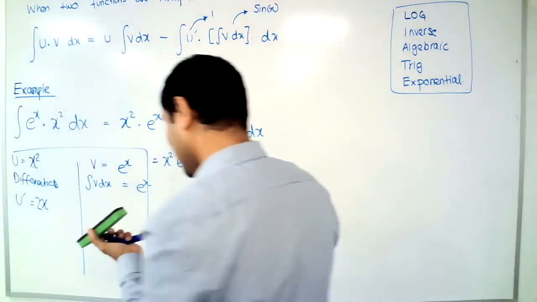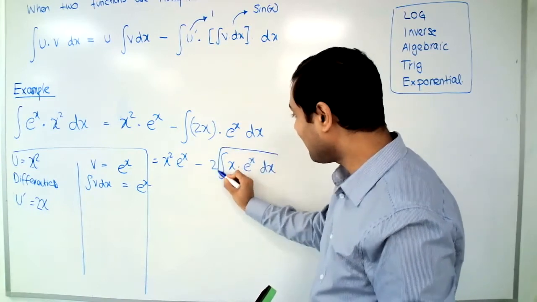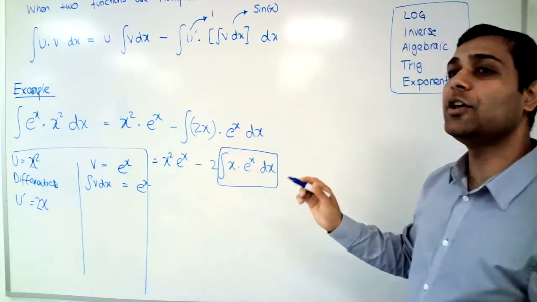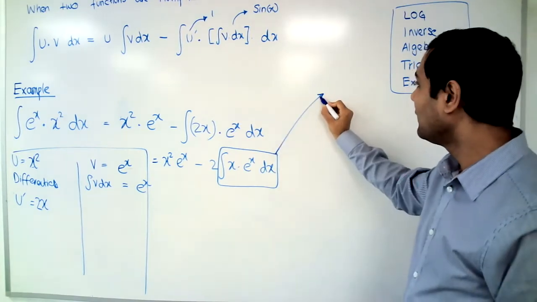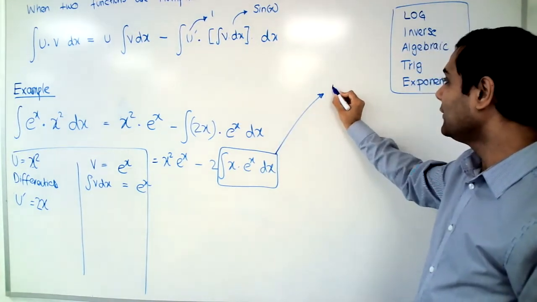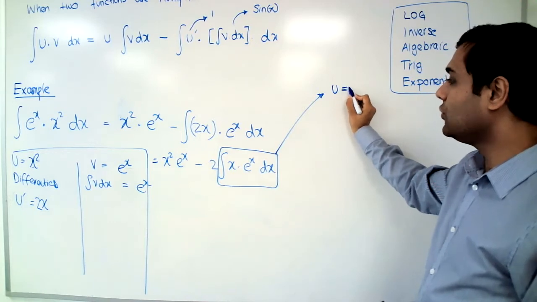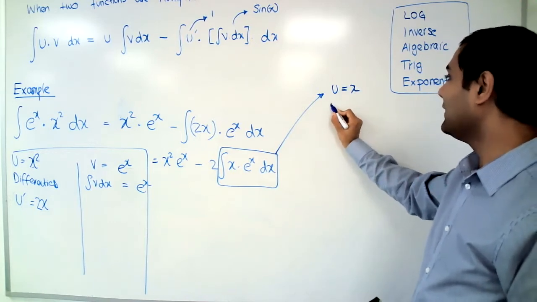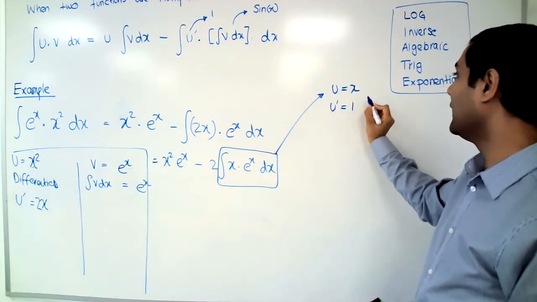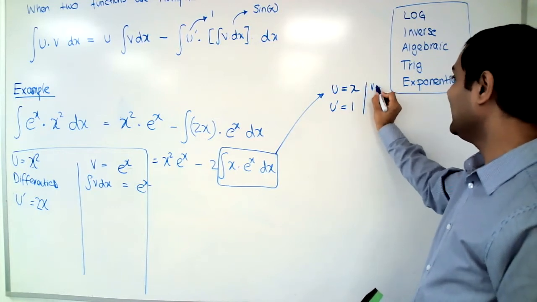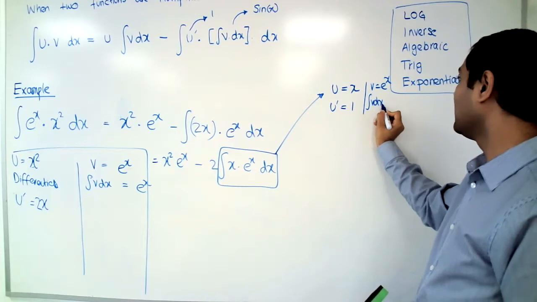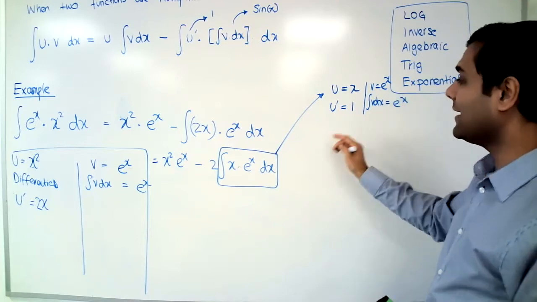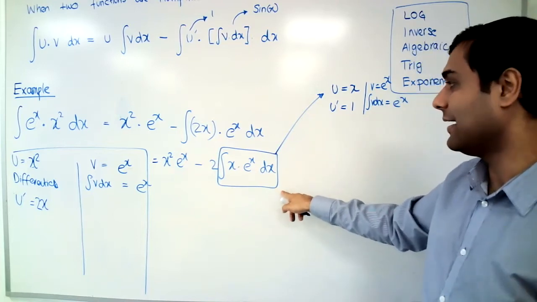Now, I still have to do this bit. So now I'm going to do another u, another v. In this one, what's the u? U is the x, and the u dash is just 1. V is e to the x, and the integral is e to the x. Now I need to apply the formula again here.